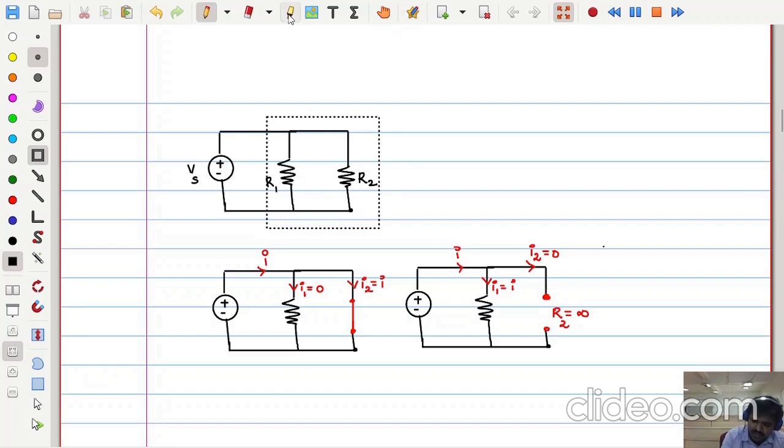If the voltage source terminals are these, that means this dotted box is connected in parallel with the voltage source again.